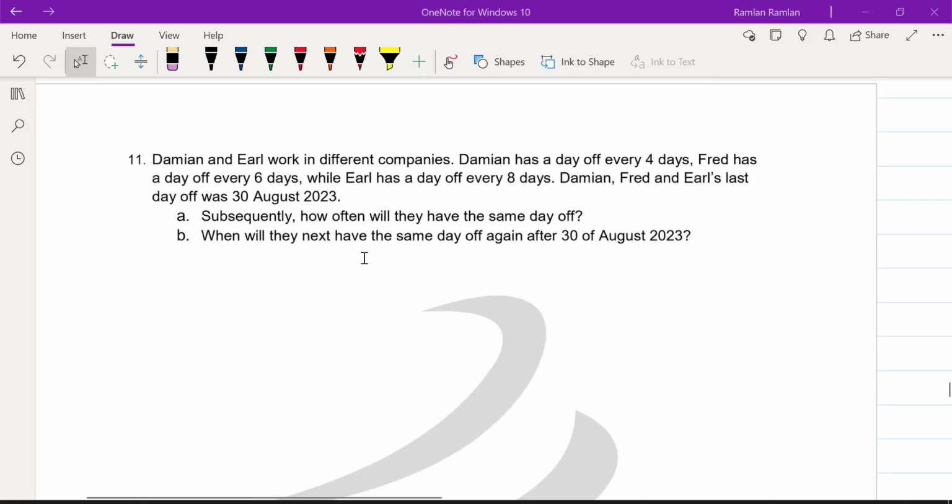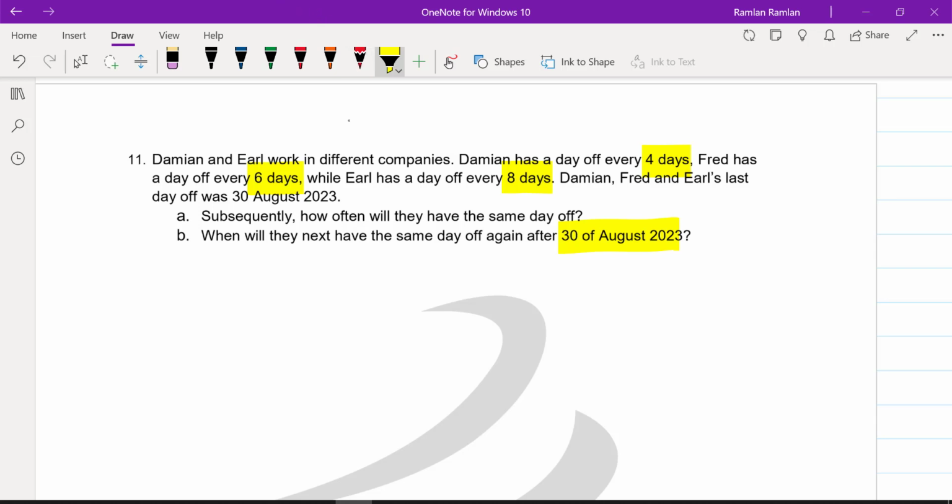For example, we have three numbers here, 4, 6, and 8, right? Find the LCM, and the next time that they will work together again is at this date plus the number of days that you get from the LCM. Yeah, that is for number 11. You should try it yourself.